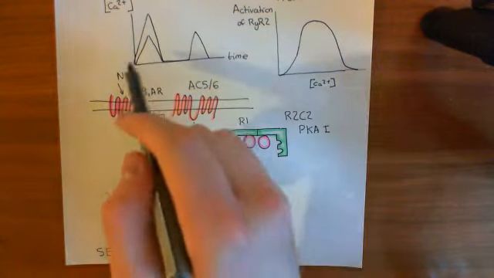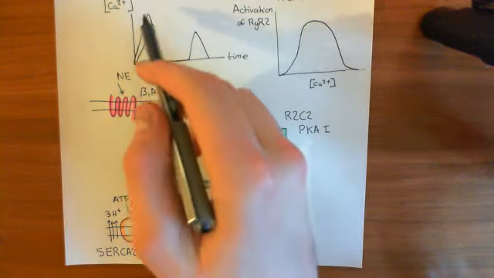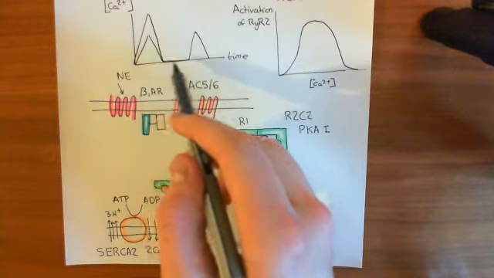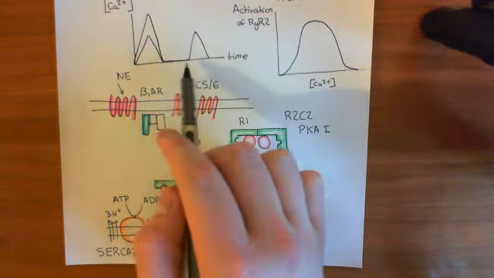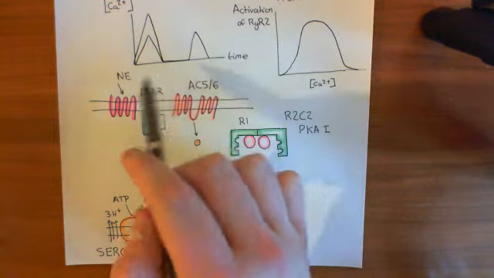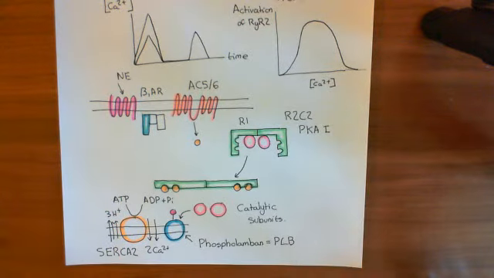We've got calcium spikes that are of a greater amplitude, but are still returning the calcium concentration back to this 100 nanomolar, practically zero level, in between consecutive calcium spikes to allow for the proper relaxation of the sarcomeres. So that's excellent. Okay, now we'll continue our discussion in the next video.